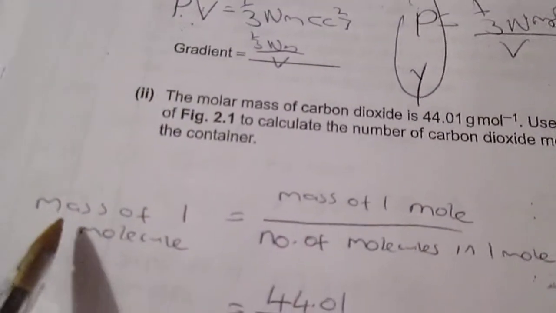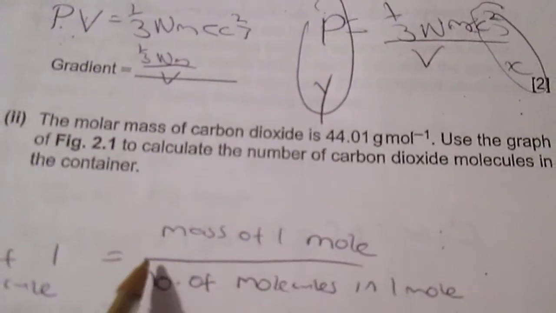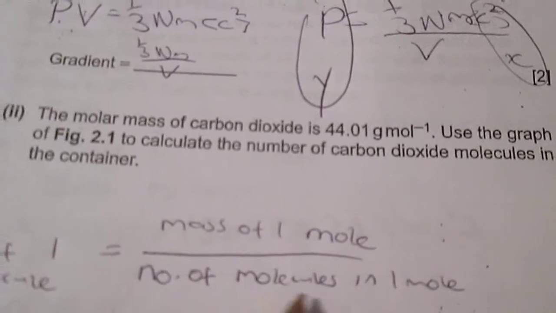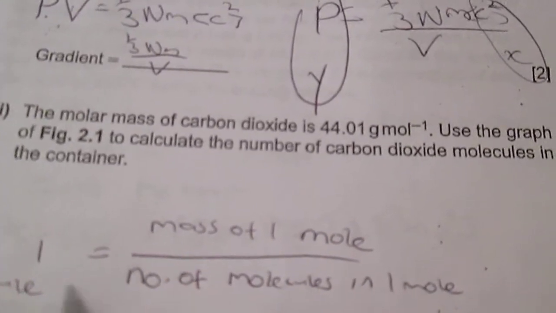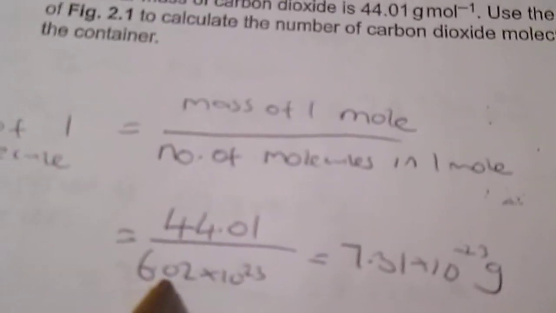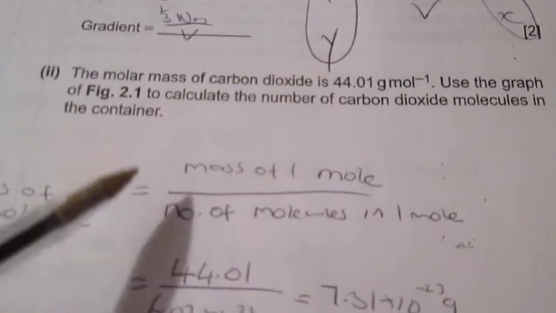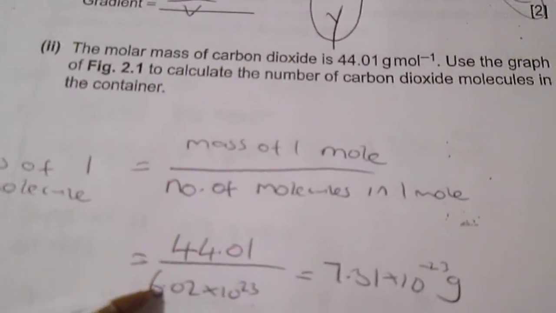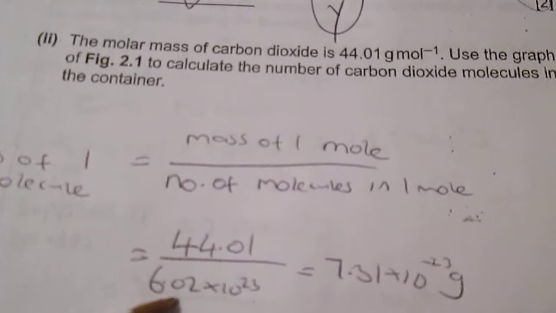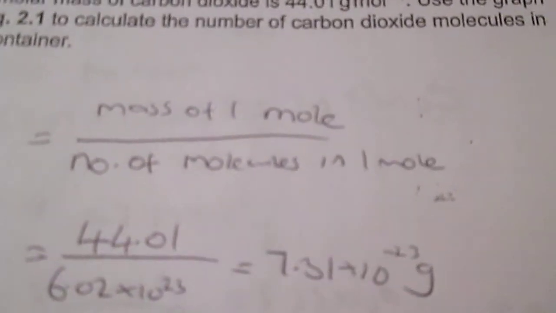So the mass of one molecule is the mass of 1 mole divided by the number of molecules in 1 mole. That is the constant 6.02 times 10 to the power of 23. We divide the mass by that and get 7.31 times 10 to the minus 23 grams.